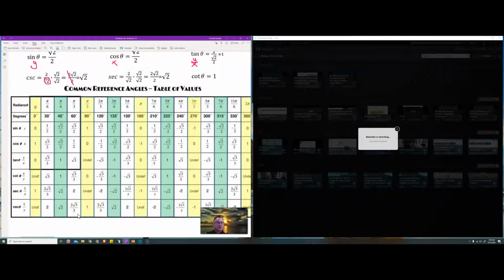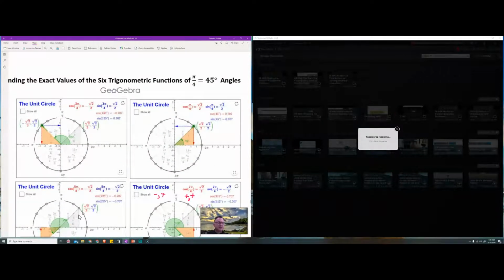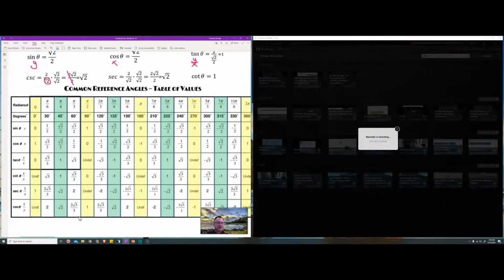Alright, so here were the values in the first quadrant at pi over 4. Okay, and then if I go to the next quadrant, the next instance of that is at 135 degrees. And if you notice, in quadrant 2, the y is positive, the x is negative.